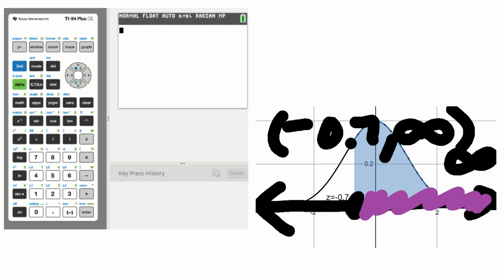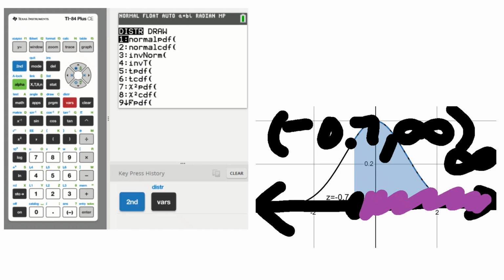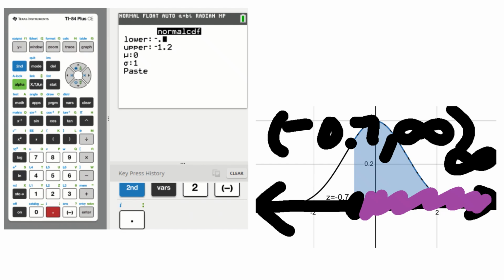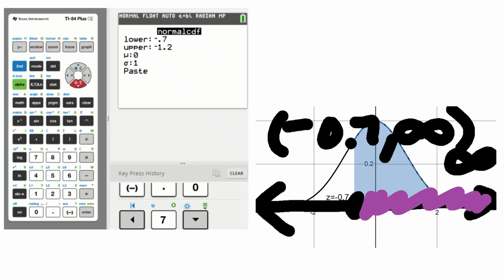So we should be expecting at least 0.5. We should be expecting, in fact, more than 0.5, because from the mean all the way to the right is going to be half of the stuff, and we have more than that. So second vars 2, and I'm going to go this time from negative not 0.07, but negative 0.7, all the way to, and I need some number that means a whole lot.